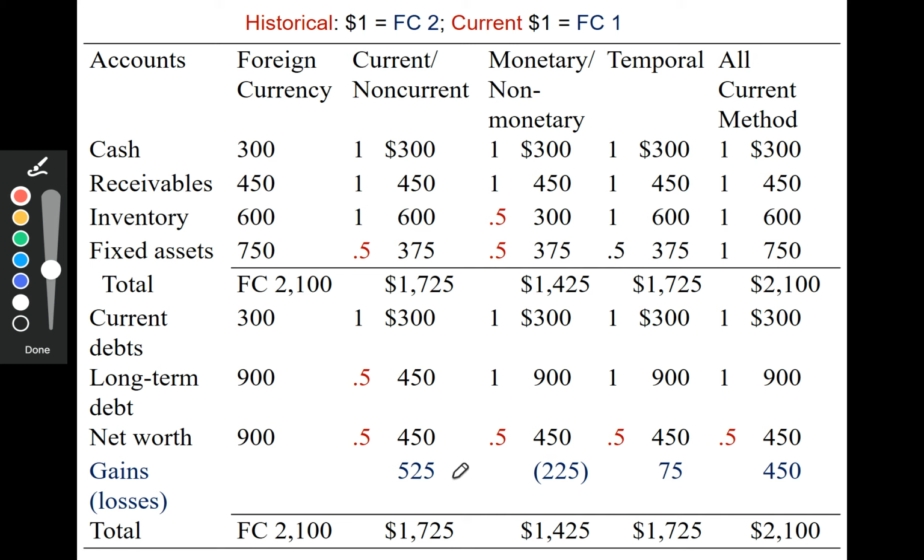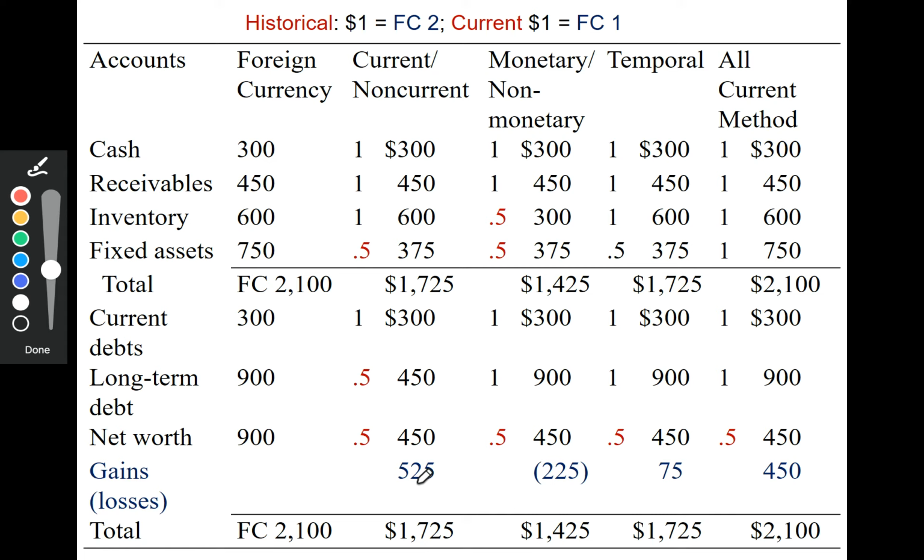Let's go beyond this fun thing that I said we cheat. Really what we are doing is we are saying we have assets that are worth $1,725, and when we look at our liabilities and owner's equity, it is only 1,200. So the additional 525 of assets that we have belongs to the owners, and we add that as a gain that comes because of this translation.